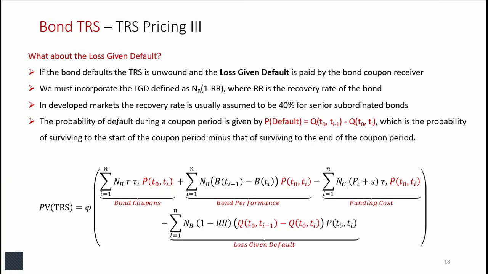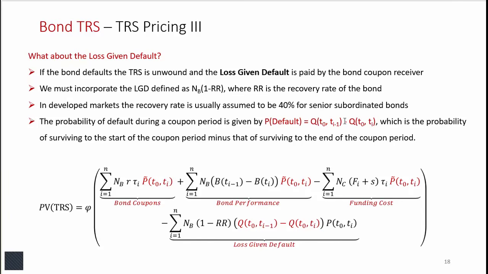Now, the probability of default during a coupon period is different from the probability of survival. It's the probability of surviving to the beginning minus the probability of surviving to the end, which is Q to T i-1 minus Q to T i.